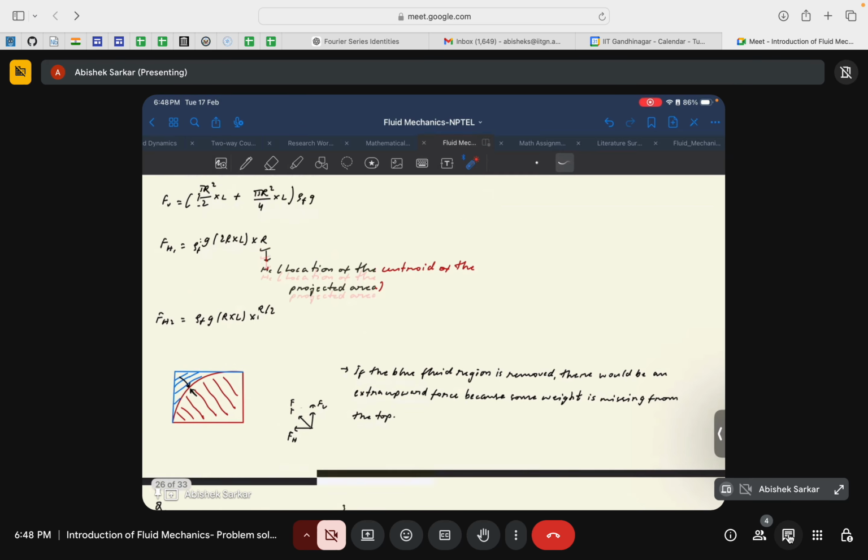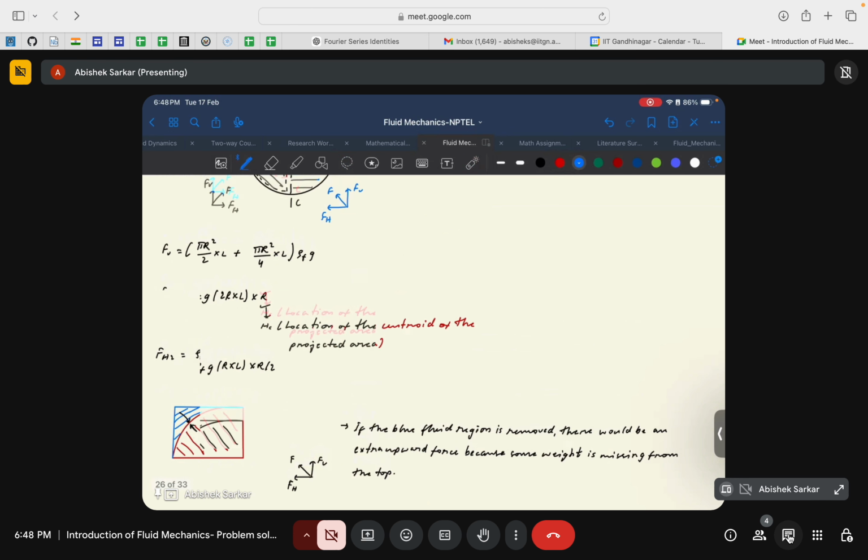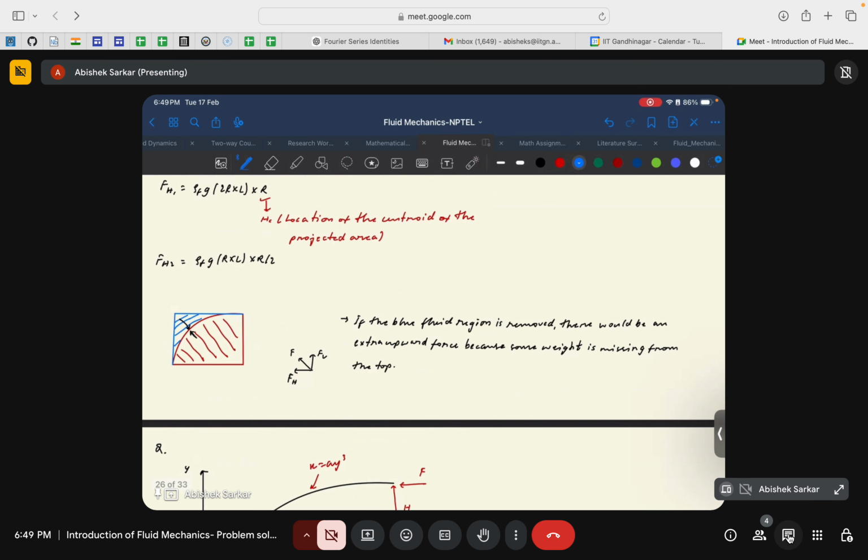For example, consider a scenario where this part is hollow, and we just neglect this part for now. I think I should just draw it. So for example, this is your curved surface, say half part of the cylinder, and this is your free surface.